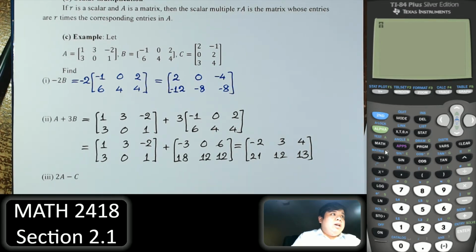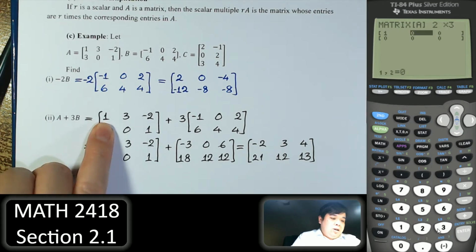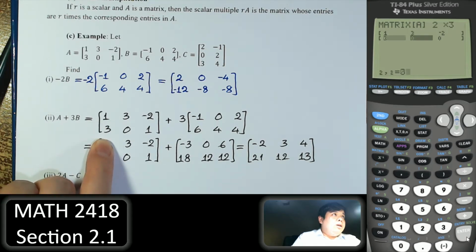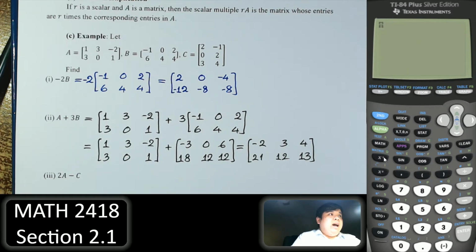For example, we can also hit second matrix here, and then we store the matrix in edit, 2 by 3. So 1, 3, negative 2, 3, 0, and 1, right? And then second quit, now I have the matrix A stored.